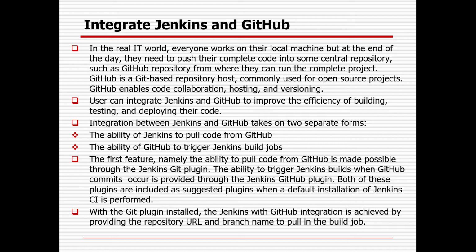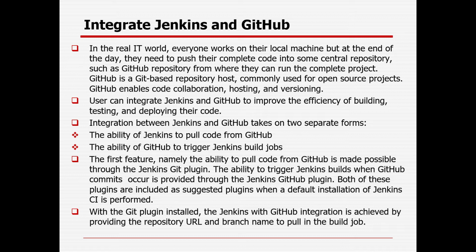The first feature, the ability to pull the code from GitHub, is made possible through the Jenkins Git plugin. The ability to trigger a Jenkins build when GitHub commits occur is provided through the Jenkins GitHub plugin. Both of these plugins are included as suggested plugins when a default installation of Jenkins CI is performed.